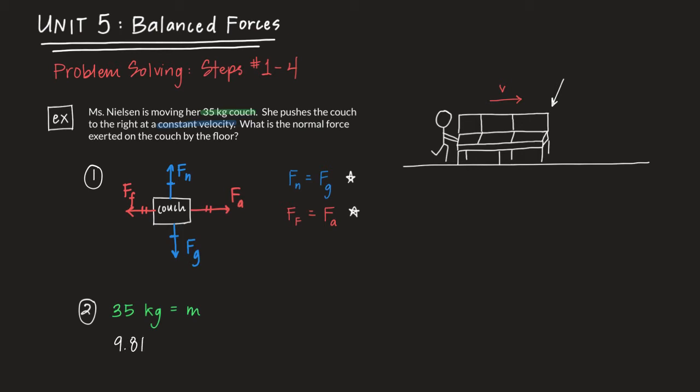That's always going to be known to us in these problems. Our acceleration due to gravity, which is little g, is equal to 9.81 meters per second squared. And those stars next to my equations, those are also knowns. We know that it's traveling at a constant velocity, so we know that those forces have to be balanced, they have to be equal. So step 3, what are we looking for?